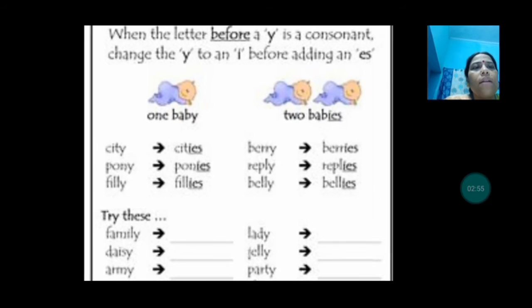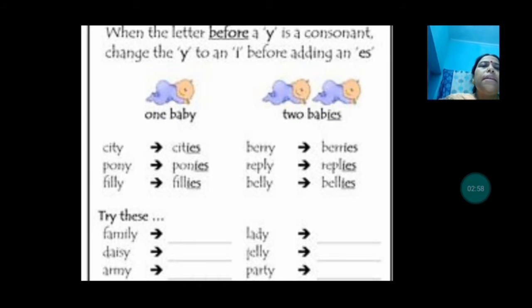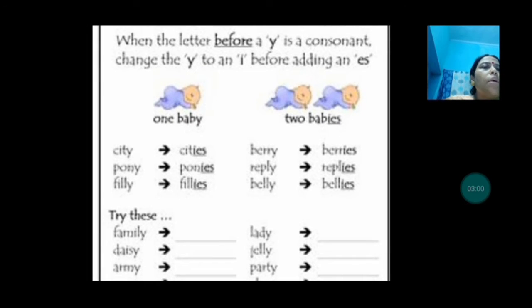Now the next one. When the letter before a y is a consonant, change the y to an i before adding es. That means you can remove y and add ies if the word ends with y and has a consonant before it.